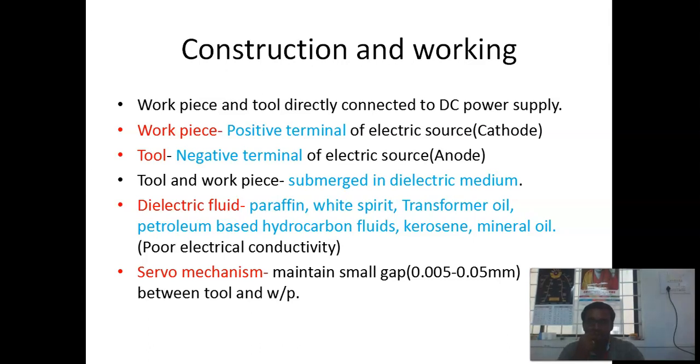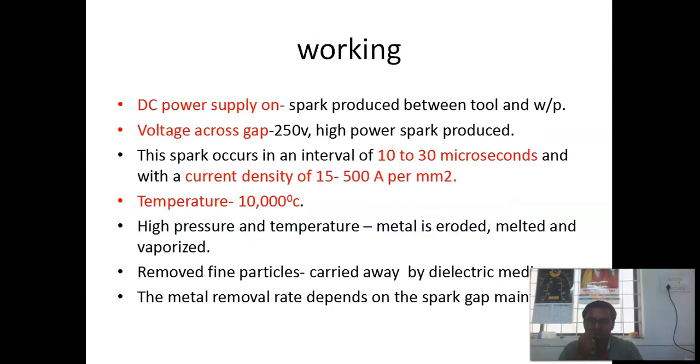Tool and workpiece are submerged in the dielectric fluid medium. Some dielectric fluids are paraffin, white spirit, transformer oil, petroleum based hydrocarbon fluids, kerosene, mineral oil, etc. Dielectric fluid is used because it has poor electrical conductivity. A servo mechanism is used to maintain a small gap in the range of 0.005 to 0.05 mm between the tool and the workpiece.